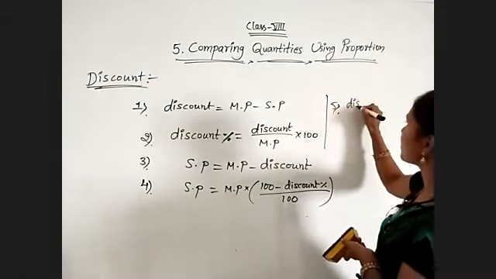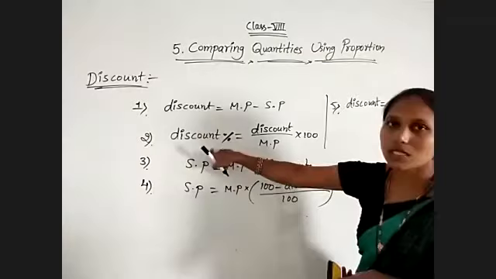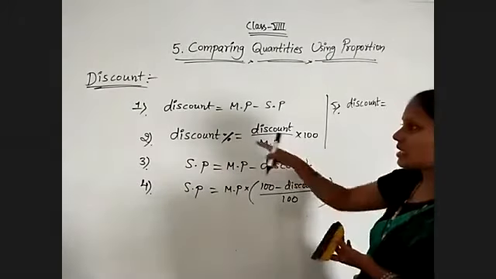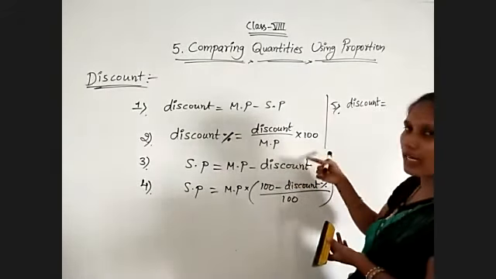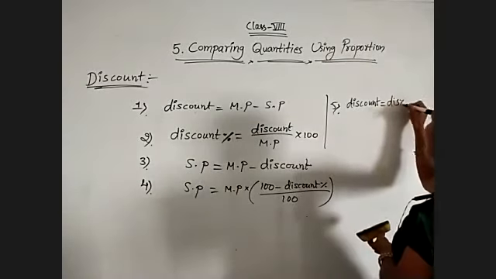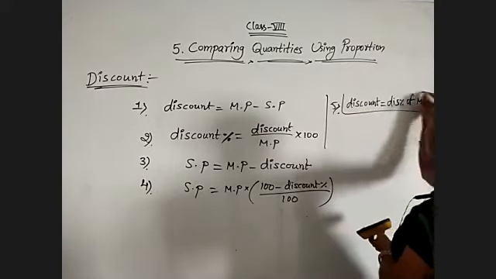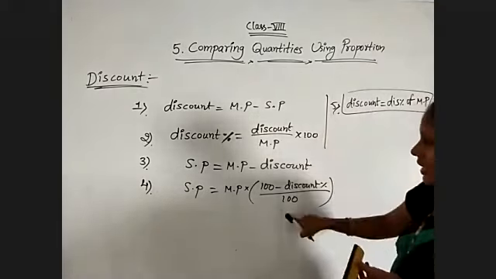Discount is equal to MP into discount percentage by 100. Discount percentage by 100 is nothing but discount percentage only. So discount percentage of MP is discount.